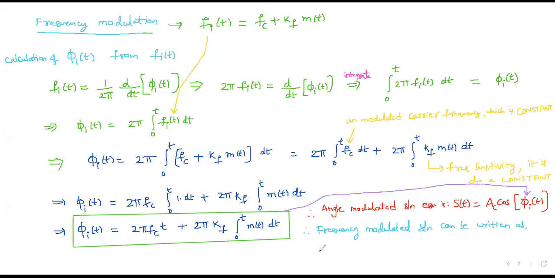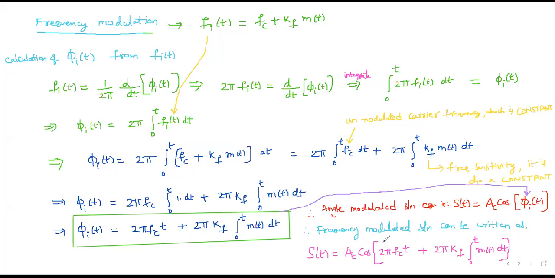So S of t is equal to AC into cos of 2 pi fct plus 2 pi into kf into integral 0 to t m of t dt.